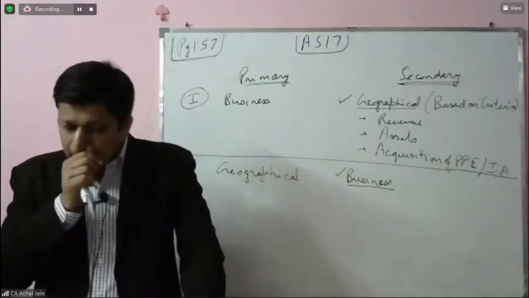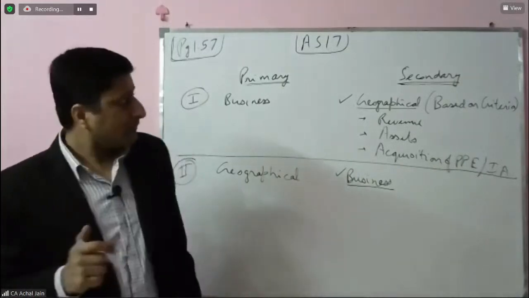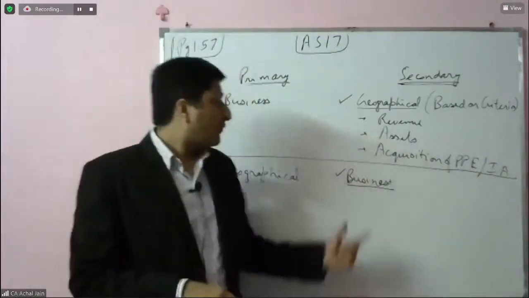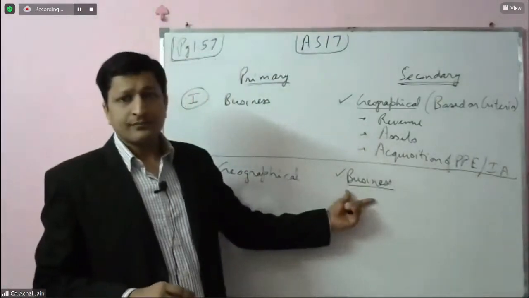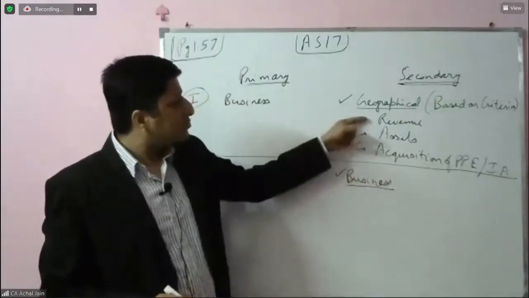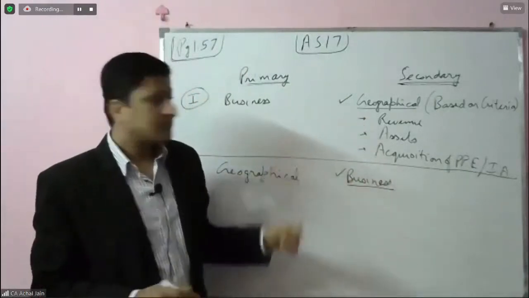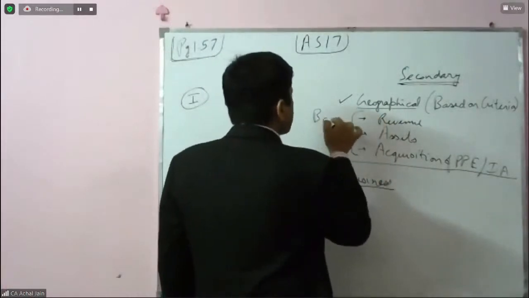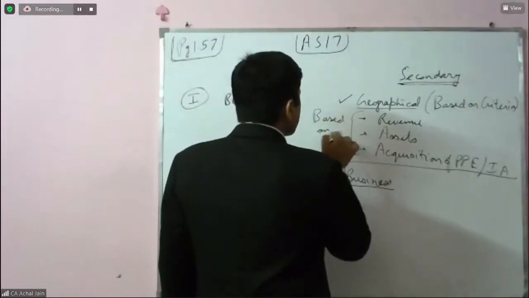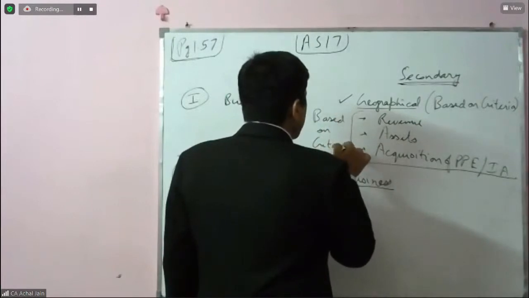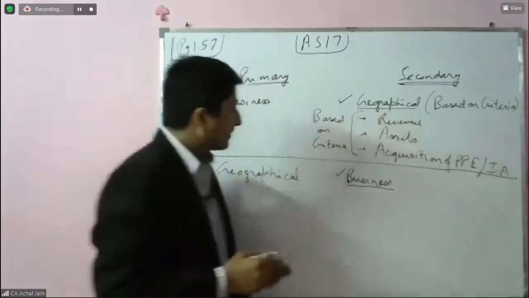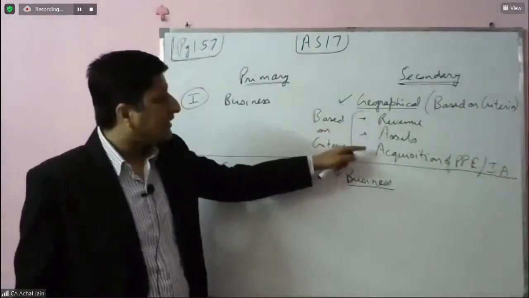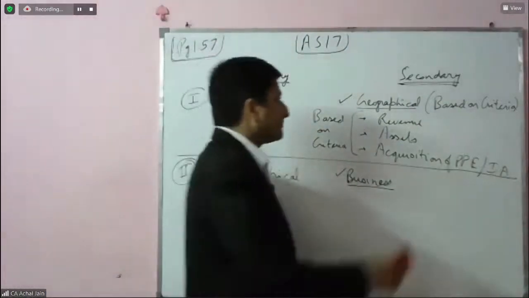Now, please remember that the criteria that we are checking over here is not based on each and every item. So what I will say is this is based on criteria. I'm marking it over here. Why? Because in this case, you will check the criteria for each and every disclosure.